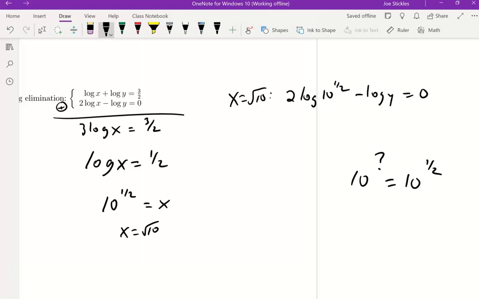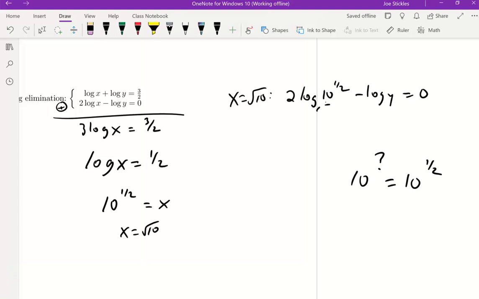What power do I need on 10 to give me 10 to the 1/2? Well, I need to use a half, right? Like I said, don't overthink it. When the base is the same here and here, because this is base 10 here, the answer is just the exponent.